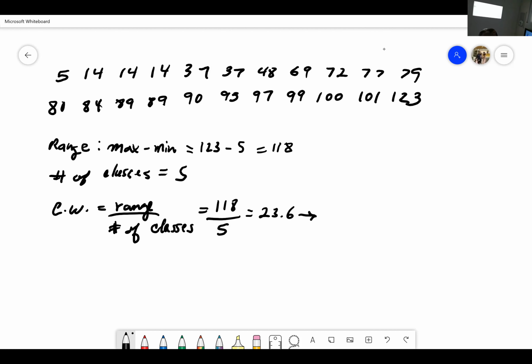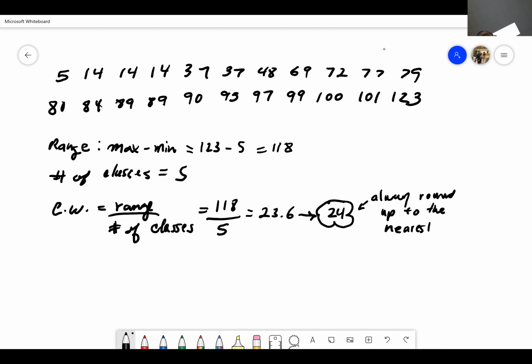So guys, what did we say we're supposed to do with this class width? We're always going to round up to the nearest convenient, in this case, integer.